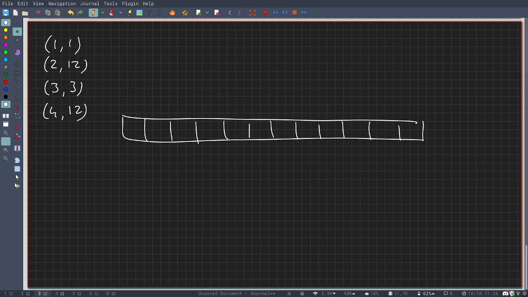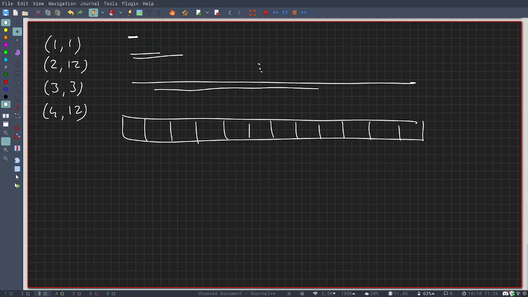We start with answering in this interval. Then let's just move like this. So you need O(n) steps to jump from this query to this. And that's too slow.